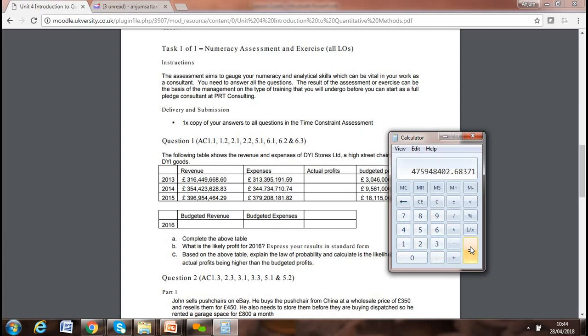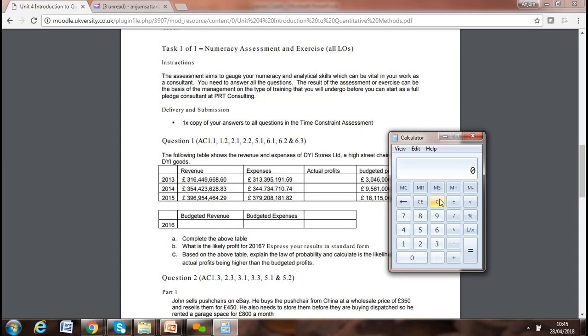Okay, what about the expenses then? Same way as revenue. We'll take the difference. If you look at the expenses 313, 344 and 379, they have increased. So you need to find the change from 2013 to 2014. Take the difference between them, divide, that gives you the change.